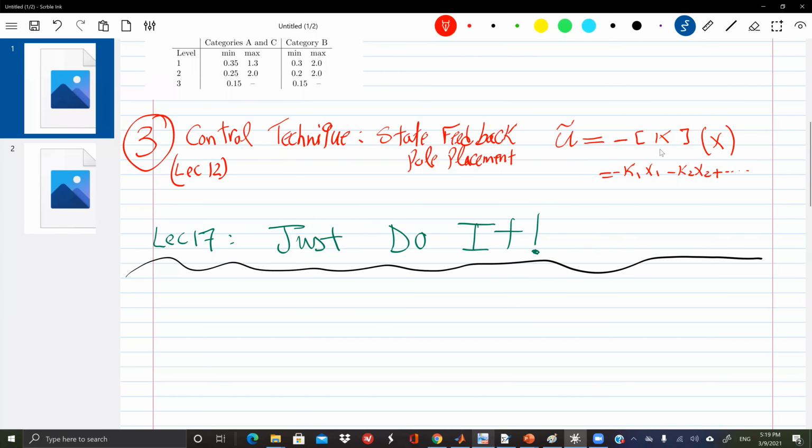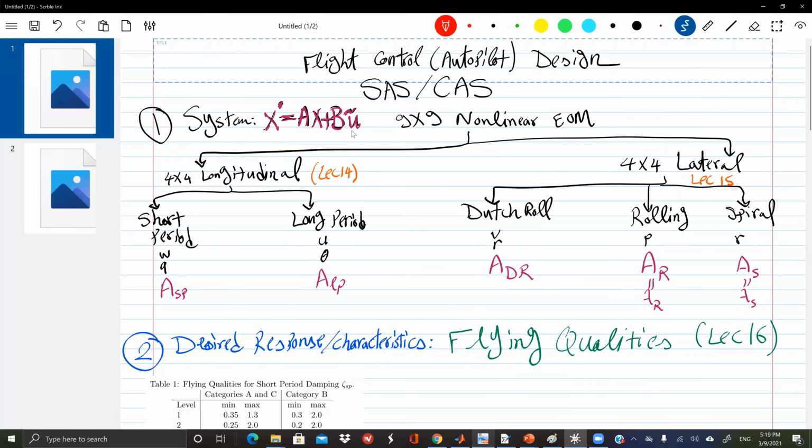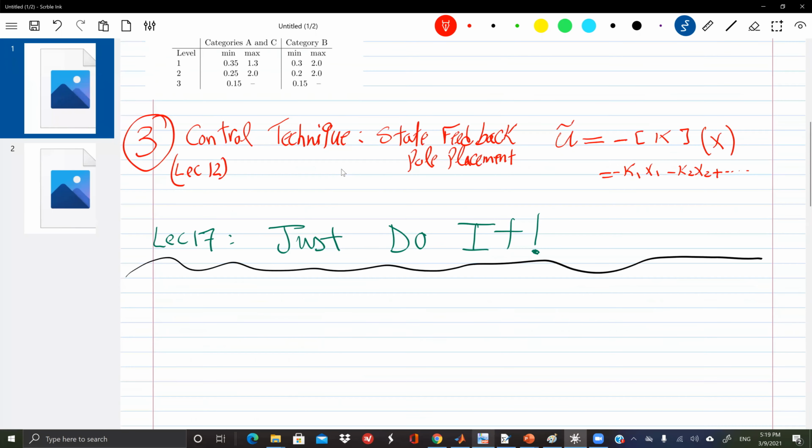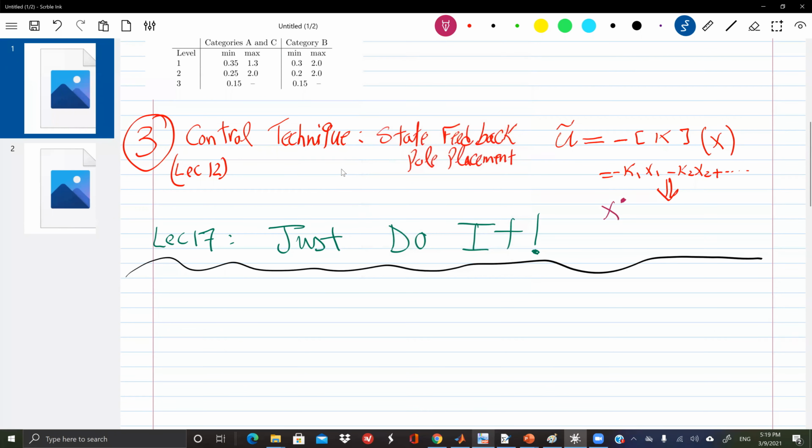So when I substitute this negative Kx for u tilde here, please replace u tilde by negative Kx. I have a term that is Ax from here and negative BKx from there. I'm going to collect all these, and I will have x dot equals A minus BK multiplying x. When you look at this, x dot equals something times x.